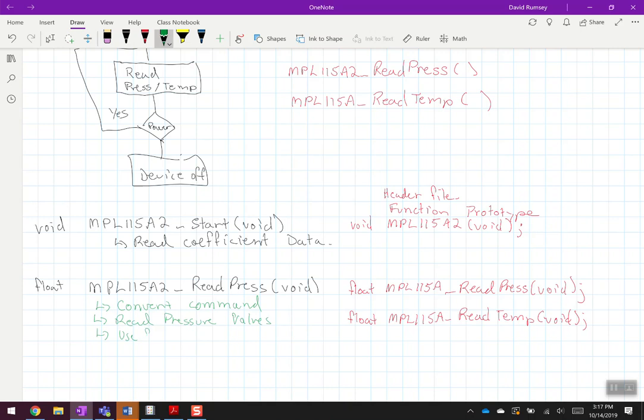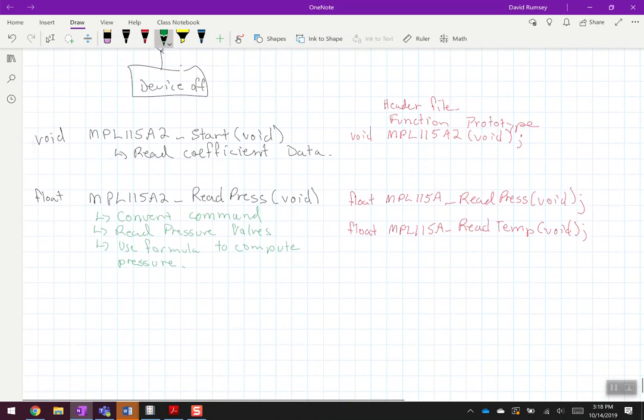Use formula to compute pressure. And then it's going to be the exact same for the temperature, except instead of reading pressure, we're going to read temperature values. We'll still have to run that convert command because we know we're wanting to take a measurement at that point. Alright, so those are the only functions we're going to write.